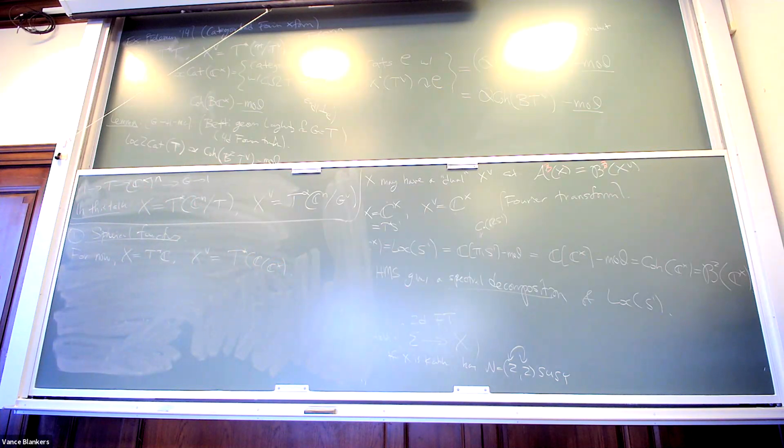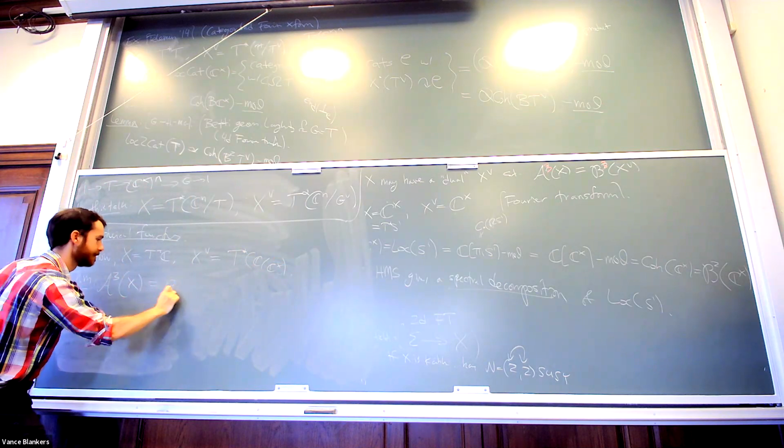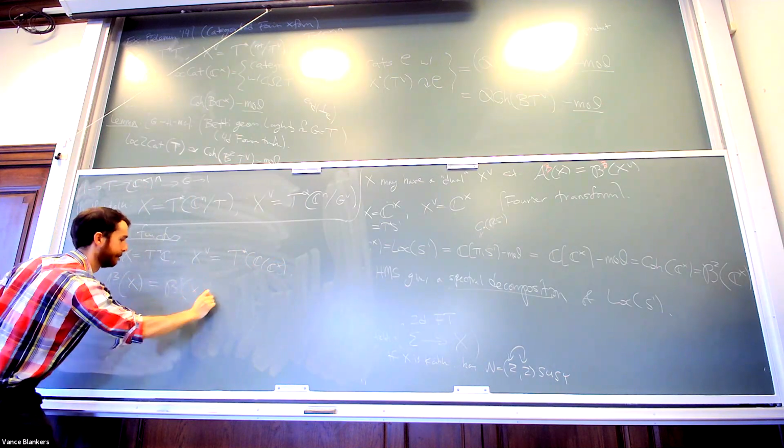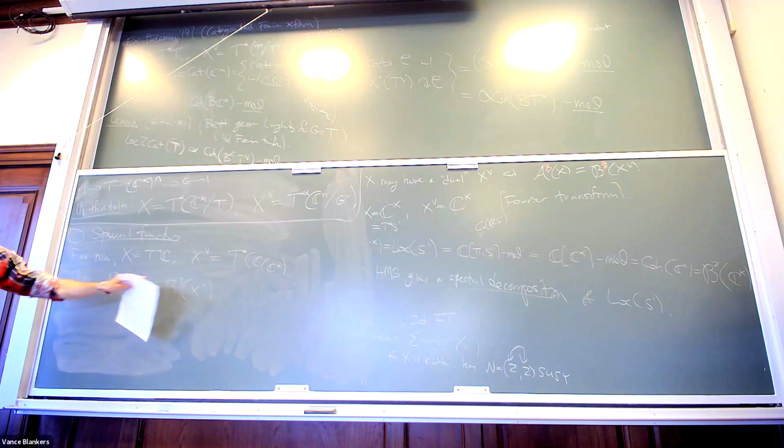So now we come to the main question, which is, I can restate my main theorem, which I've unfortunately erased, but the main theorem of this talk, in vague terms, is that A3 of X is equal to B3 of X check, and vice versa. So now I have to tell you what these two categories are. This is an equivalence of two categories, where I'm providing some spectral decomposition.